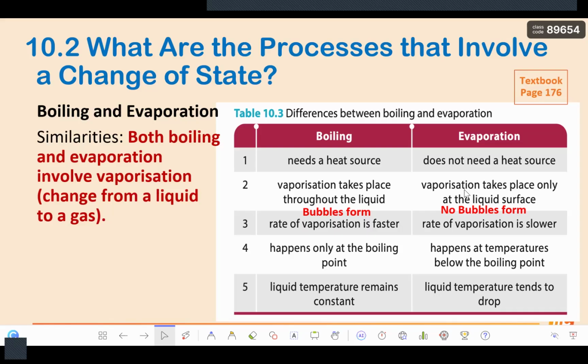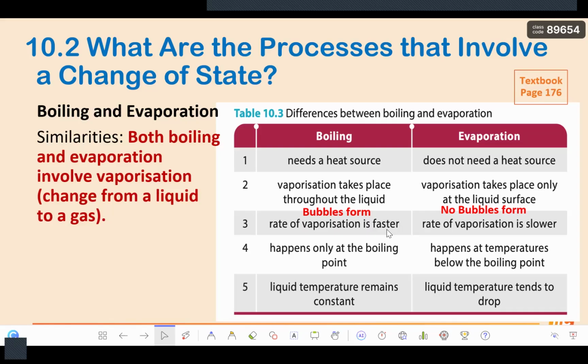So only the liquid particles at the top are able to change state to become a gas. You don't see liquid particles at the bottom changing state. You don't see any bubbles. The ones at the top just immediately go out to the surroundings as a gas, so no bubbles are formed.